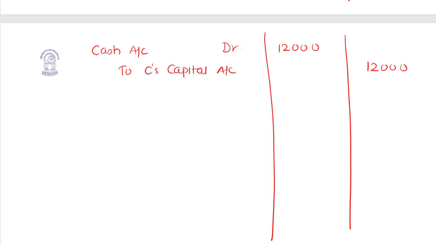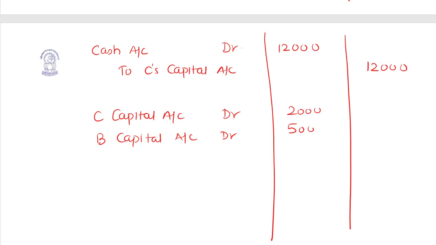And adjustment entry for goodwill. Gaining partner to sacrificing partner. C capital account debit 2000, B capital account debit 500, to A capital account 2500.